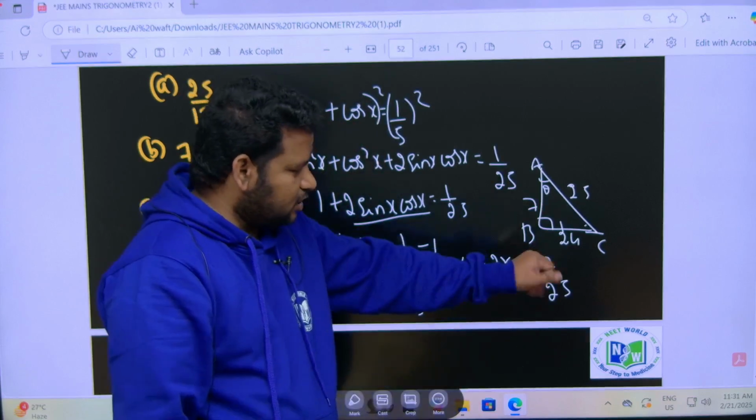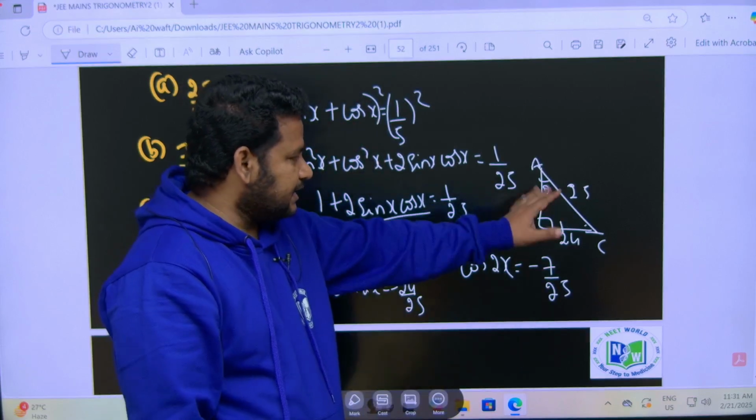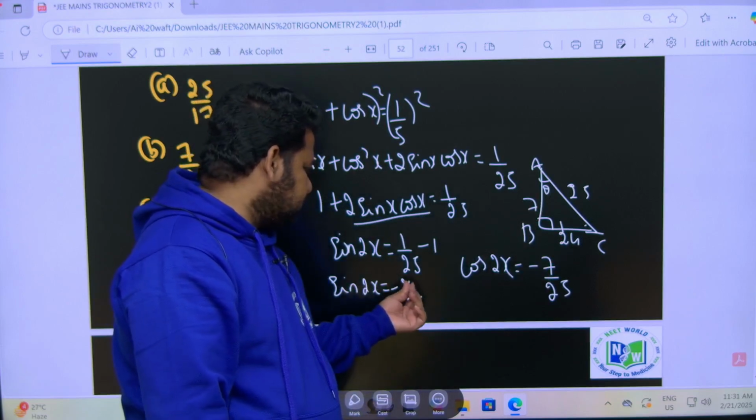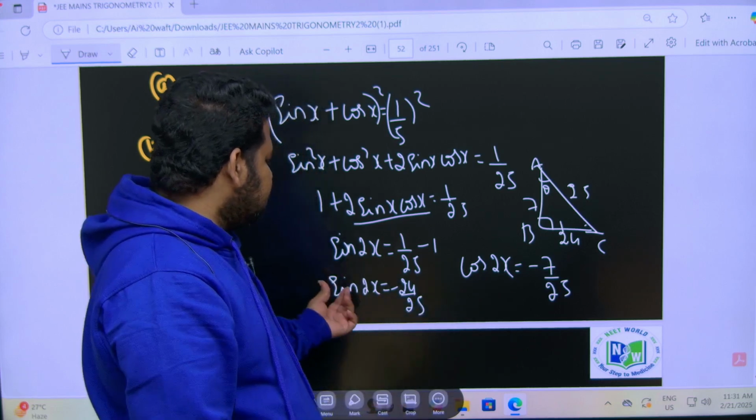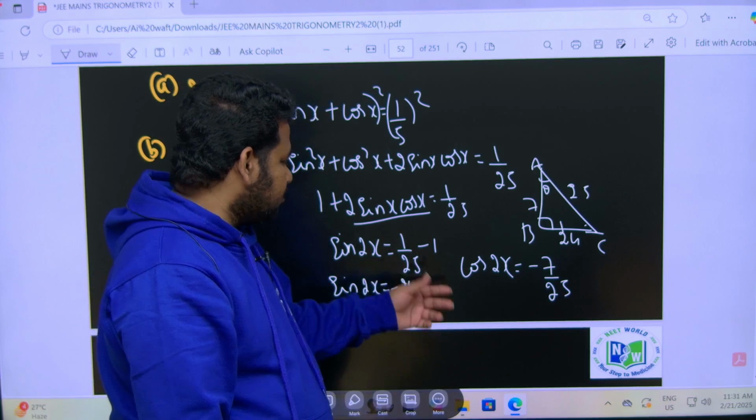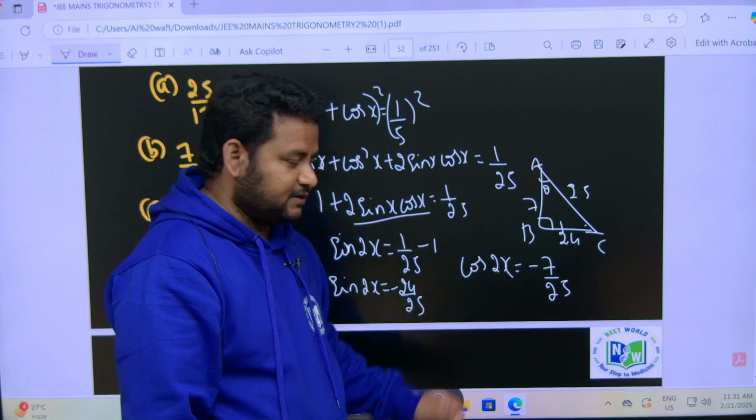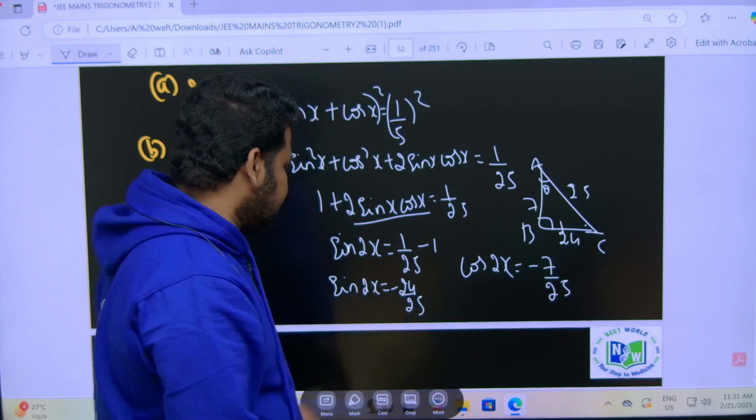This much you should not do. I don't want to draw the triangle and find out. If sin is minus 24 by 25, definitely we should know cos will be 7 by 25. Then tan 2x is sin by cos, no need to write 24 by 7, minus minus will cancel. Anyways, I'll write and show you.